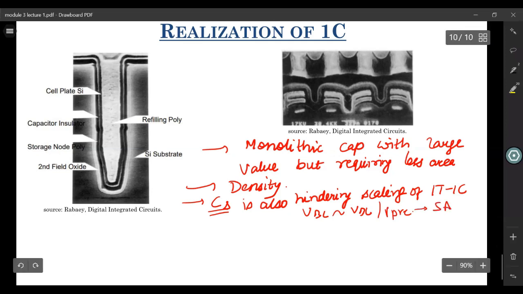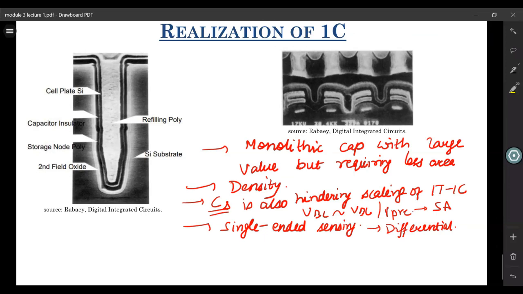And also, let me tell you that it's a single-ended sensing. So converting it into a differential kind of thing, and all sorts of peripheral circuitry magic, I would say, is also very difficult.